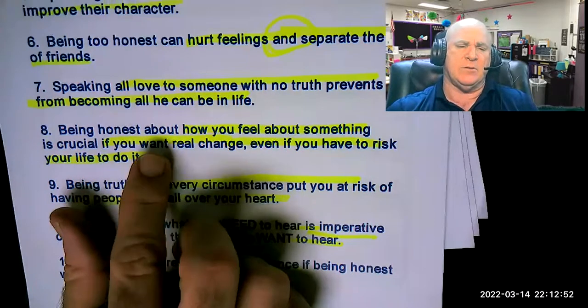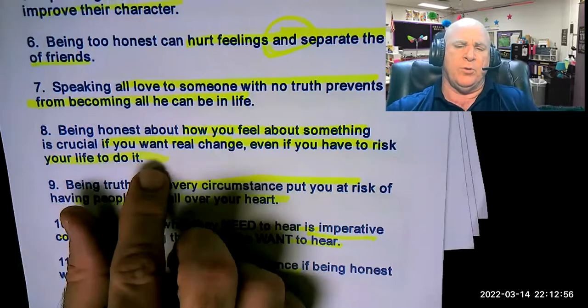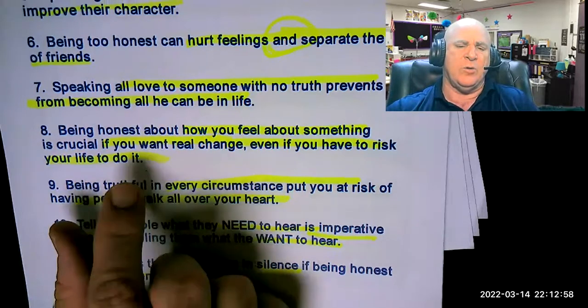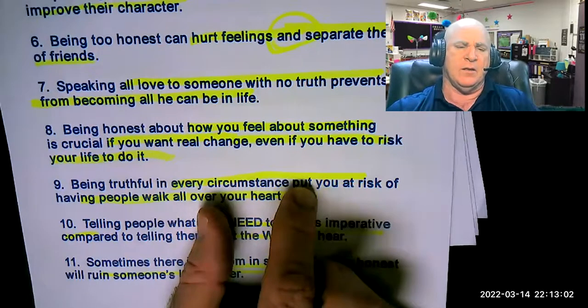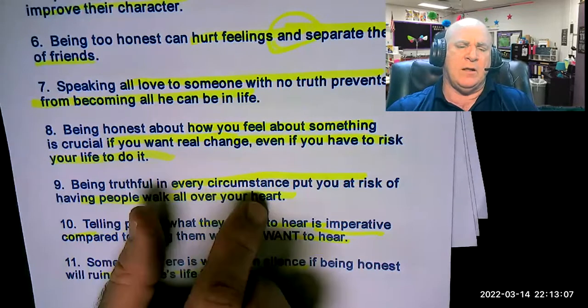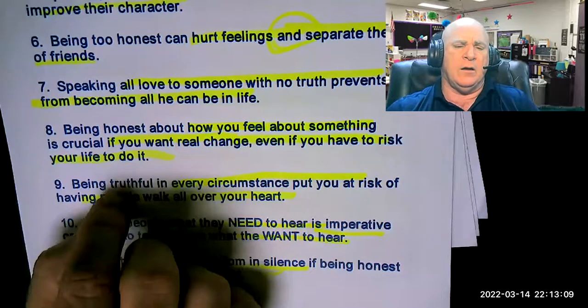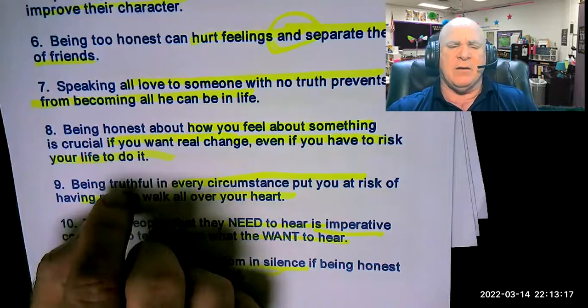In terms of getting rejected or getting what we call nowadays canceled. Being truthful in every circumstance puts you at risk of having people walk all over your heart. So in relationships, for example, if you tell a person that you're looking forward to possibly having a potential relationship, everything right out front, that's a little scary.